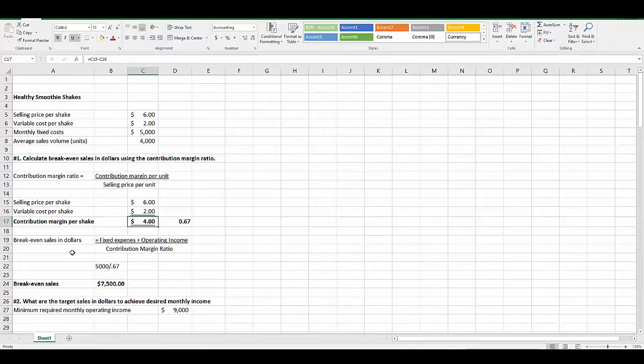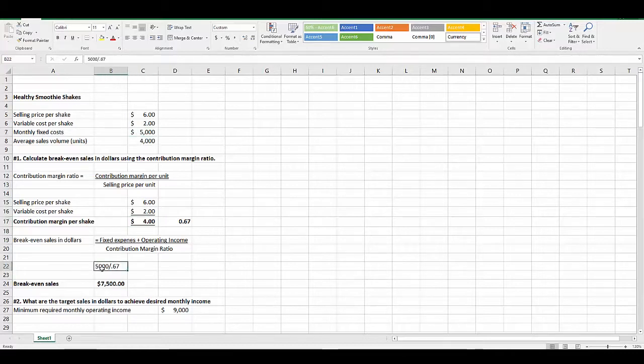So the first thing we're being asked to do is calculate the break-even sales in dollars. So how much do we have to sell to cover our fixed cost? When you're looking at break-even, you're only looking at covering your fixed costs. Your operating income will be zero. Break-even implies that you're not making any money, but you're just covering your fixed costs. So people calculate break-even because they want to know, what is the minimum I have to sell to cover my fixed expenses? In this case, we're told that your fixed expenses are $5,000.